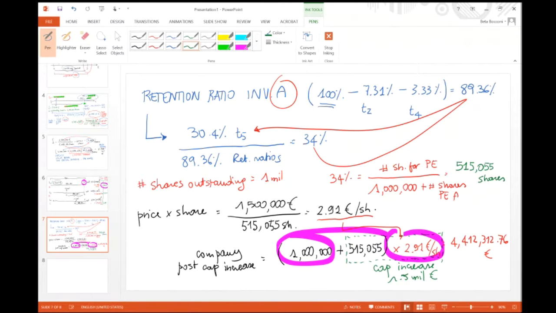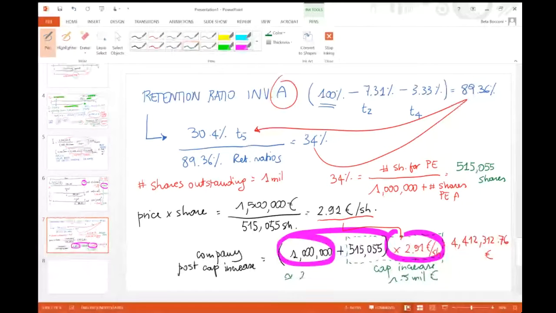The pre-money valuation of this firm is essentially the value of about 2.91 million euro. Founder. I hope it is clear. This is the first step of our analysis.